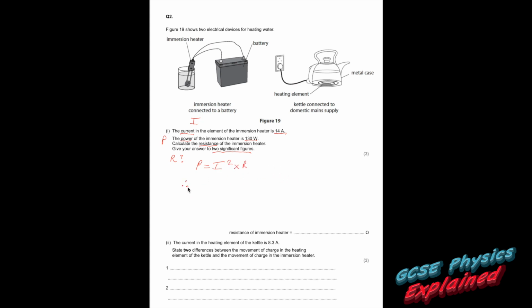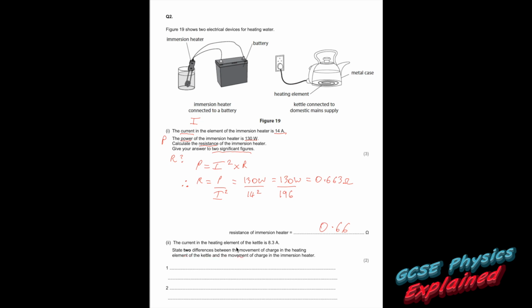So therefore, R equals P over I squared. Pop the numbers in. Now they wanted the 2 significant figures, so that's 0.66.